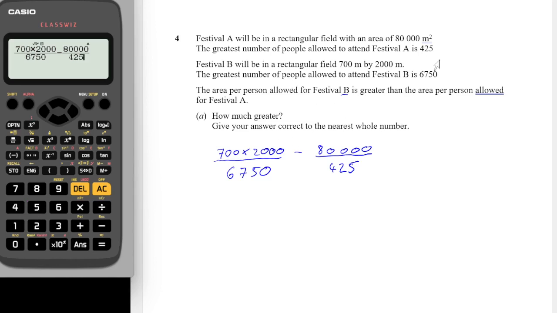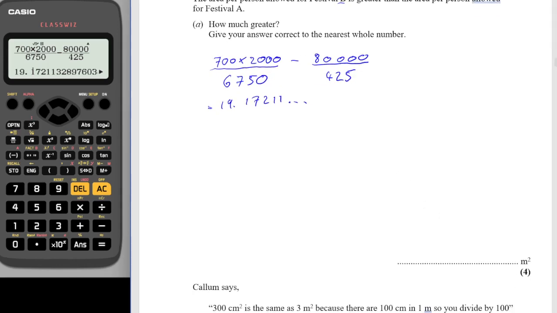So double check I've typed everything in correctly. Okay, and then that gives me an answer of 19.17211, to imply I've not rounded. Give your answer correct to the nearest whole number. So to the nearest whole number, that's going to be 19.